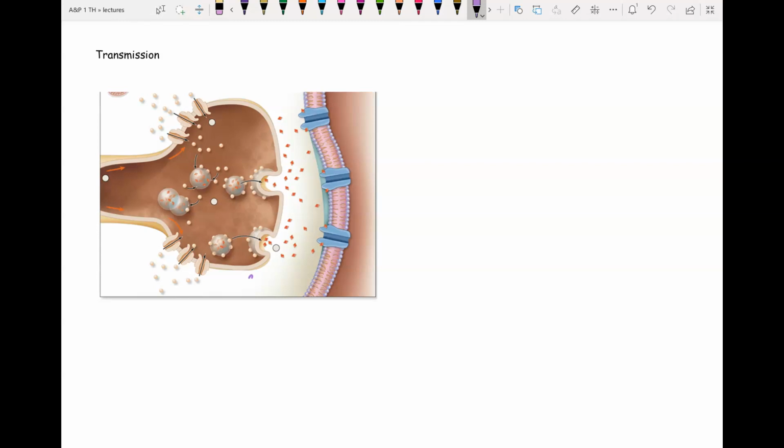Well, we finally made it to the transmissive segment, the last part of the neuron. We're ready to see how this neuron communicates with another cell. So this whole picture that we're looking at is a synapse.